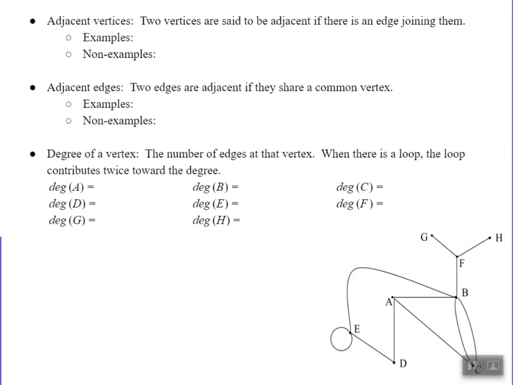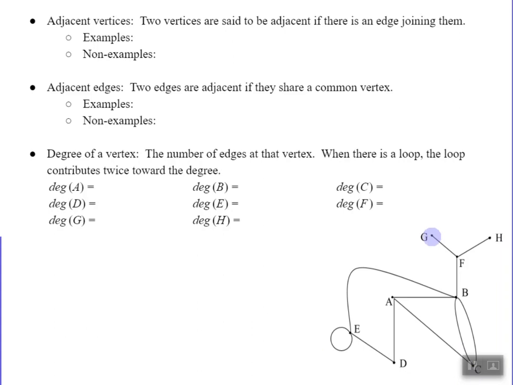Now, we are going to look at some more advanced vocabulary, and all of our vocabulary words are going to refer to this graph here. So, adjacent vertices. Adjacent means next to. So two vertices are said to be adjacent if there is an edge joining them.